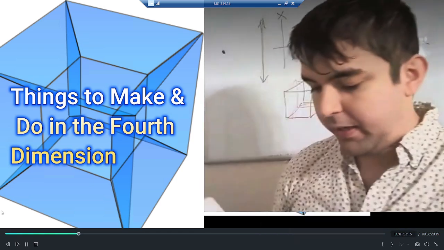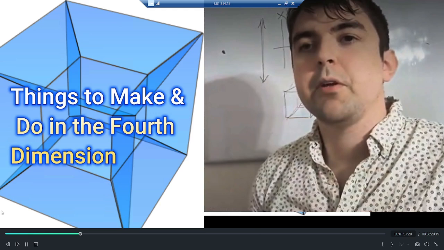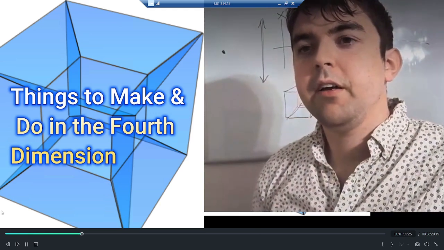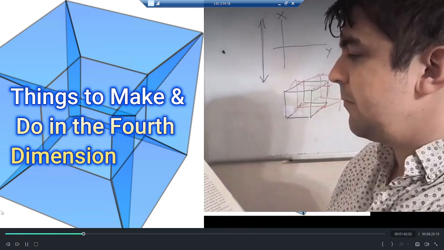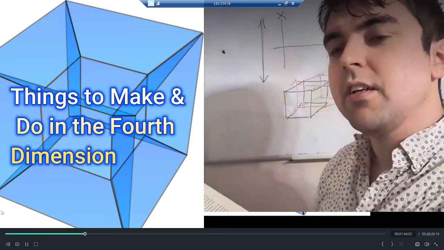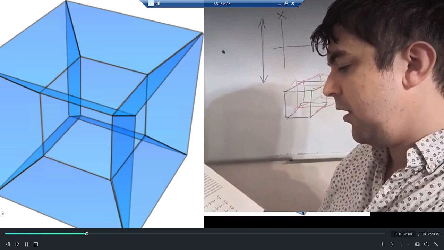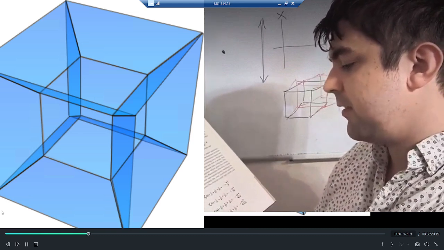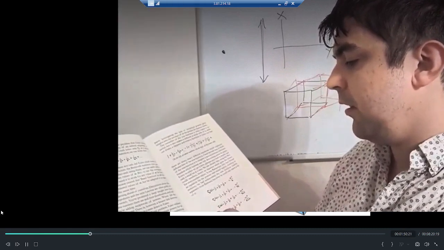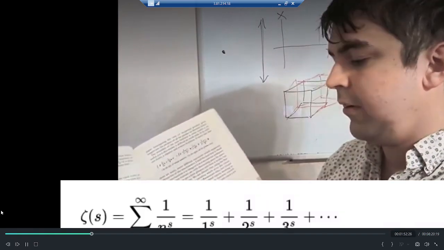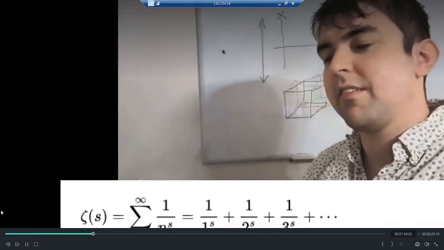This book is also by the guy Matt Parker. You're probably familiar with his YouTube channel Numberphile. The Riemann zeta function, which is actually something that I'd made another video on for Pi Day, where I talk about infinite series.